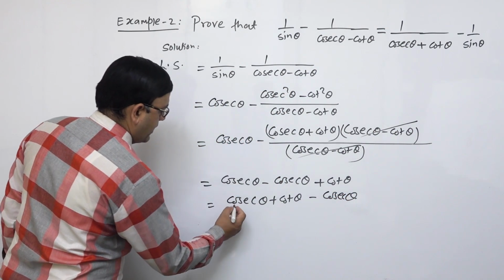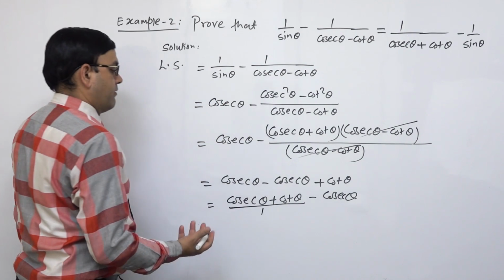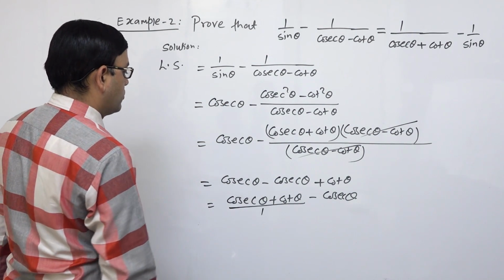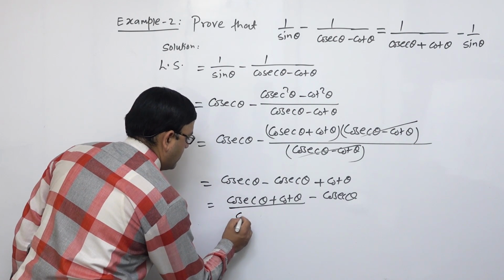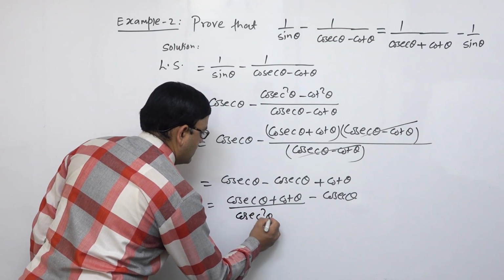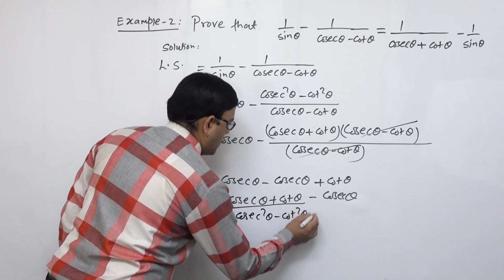So here, we can multiply this by 1, we can write like this. So instead of 1, we can use the formula cosec square theta minus cot square theta.